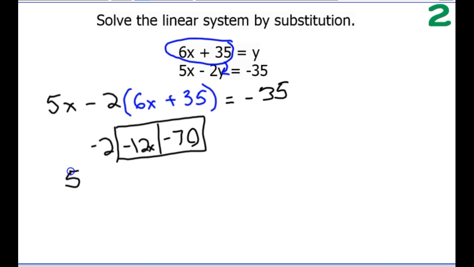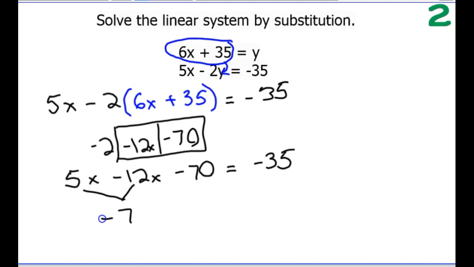So we get 5x minus 12x minus 70 equals negative 35. We have two x's on the same side, so we have to combine those. 5x minus 12x, that's negative 7x minus 70 equals negative 35.